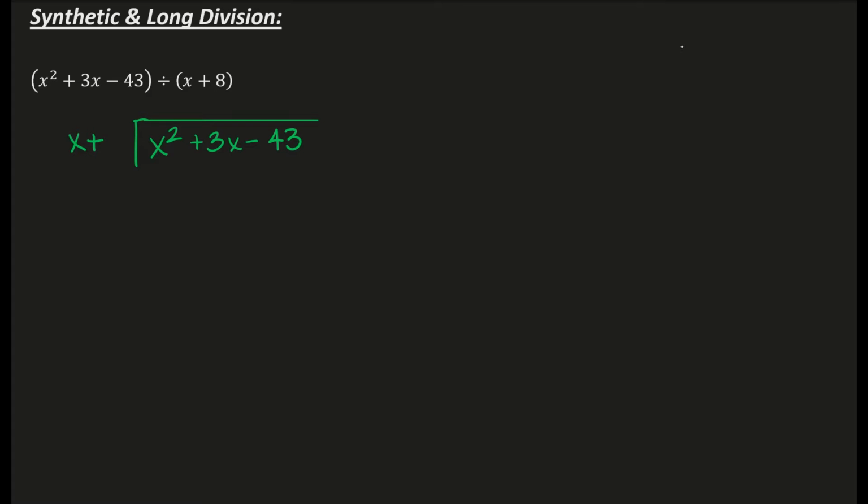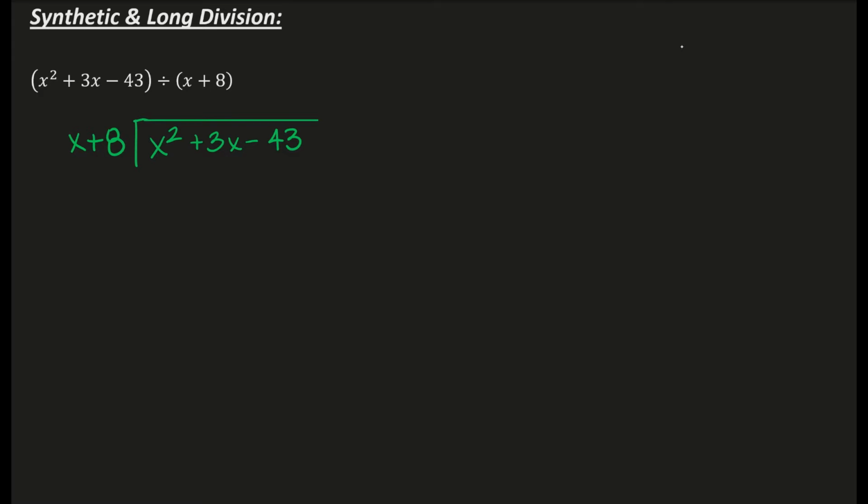So here we have x plus 8. Now, it's the same concept. You're trying to see what you would multiply x plus 8 by in order to get this quadratic x squared plus 3x minus 43. So here, I'm going to say, what do I multiply x by in order to get x squared? Well, x times x gives me x squared.